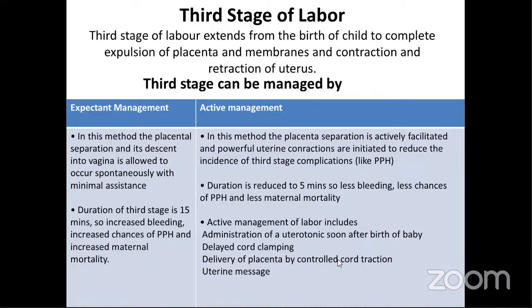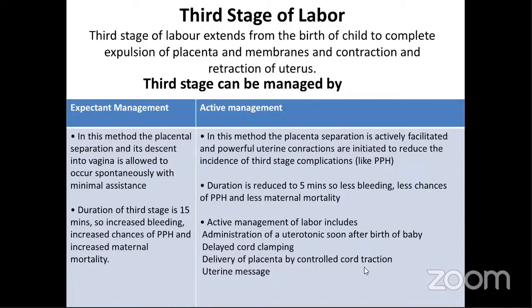The delivery of the placenta is done by controlled cord traction rather than allowing it to be delivered on its own. The cord is pulled in a downward and forward direction with the right hand, and the left hand puts pressure on the fundus of the uterus in the opposite direction, that is backwards and upwards.